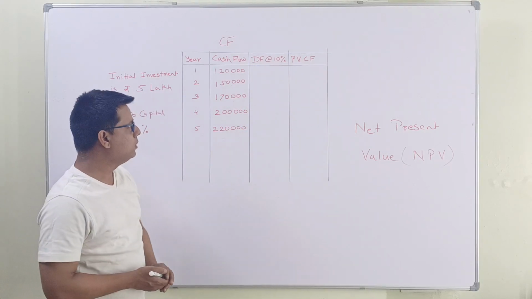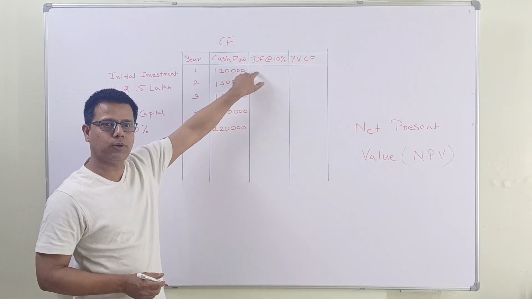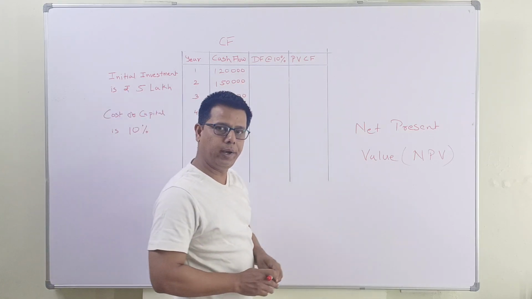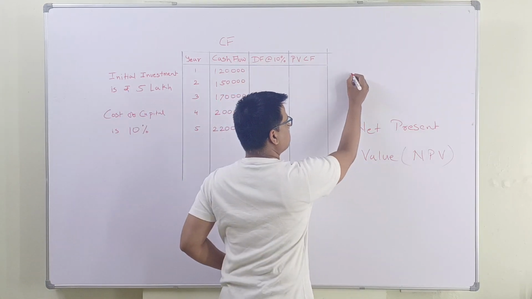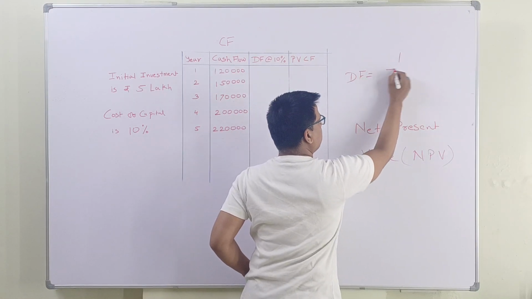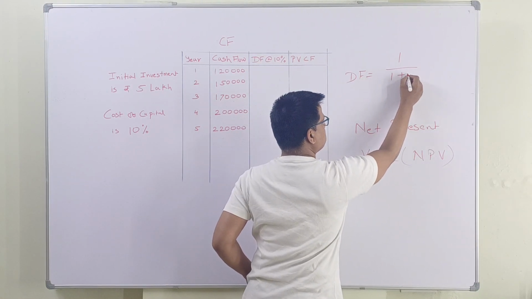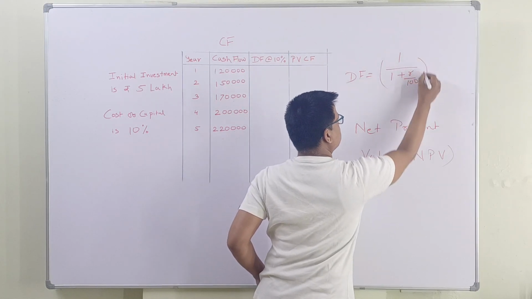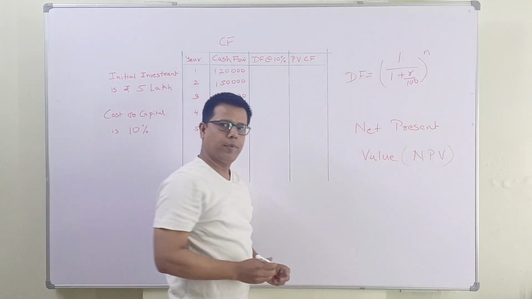So let's start. So first thing that we will have to calculate is DF. Now formula to calculate DF is DF equal to 1 upon (1 plus R by 100) raised to N. Right?